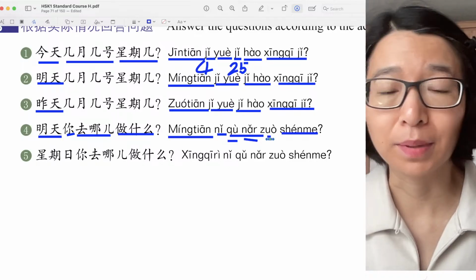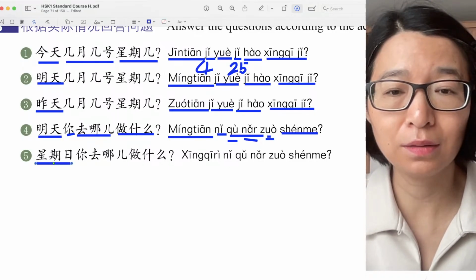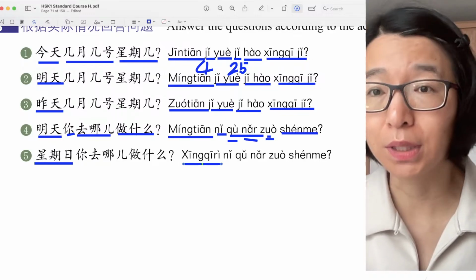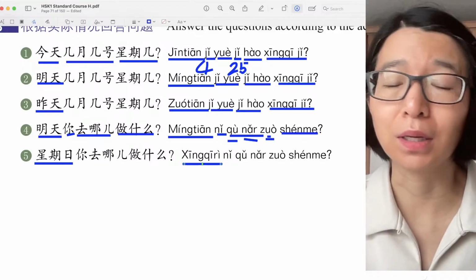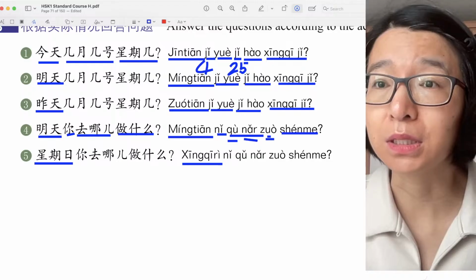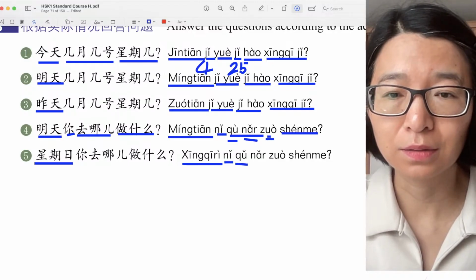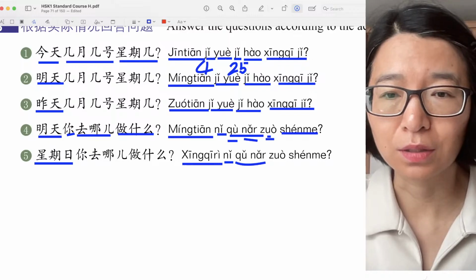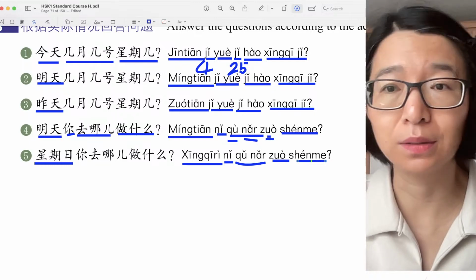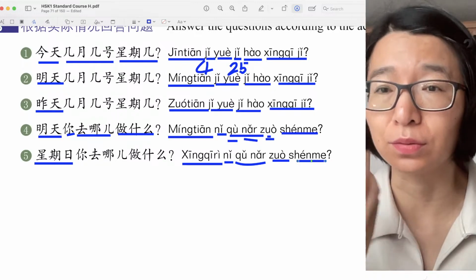Okay, now let's talk about Sunday. Sunday is 星期日 or 星期天. Tomorrow is Sunday for me, because today is Saturday. 星期日你去哪儿做什么？When we talk, it's better to say 星期天, which is easier to pronounce.